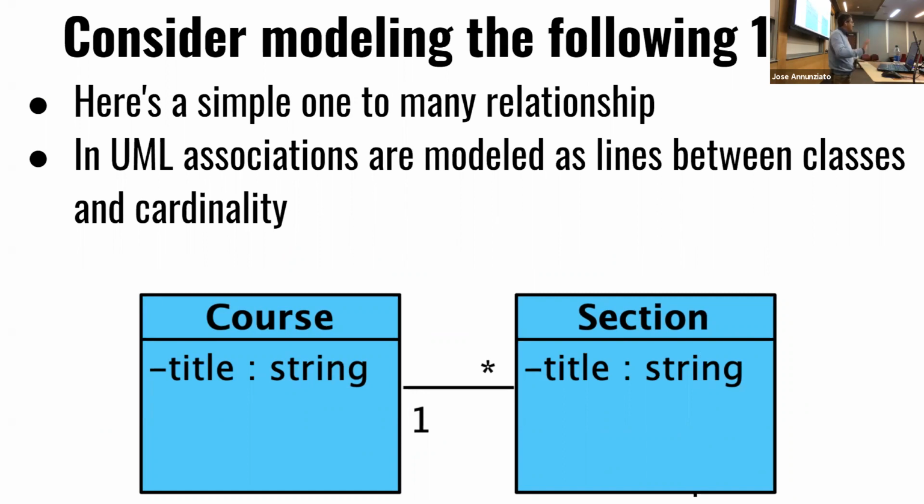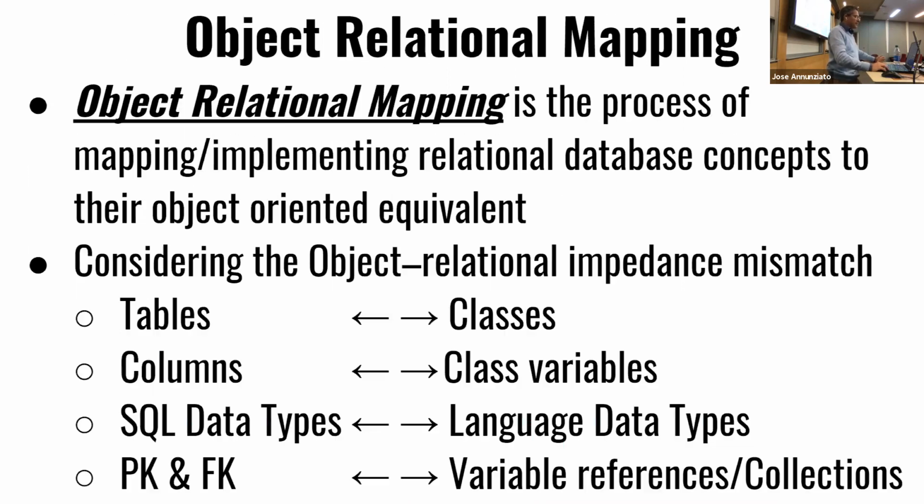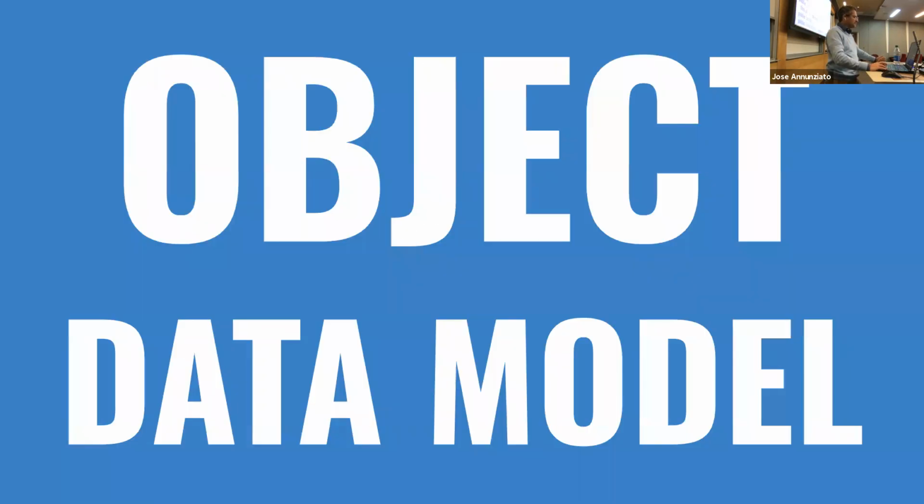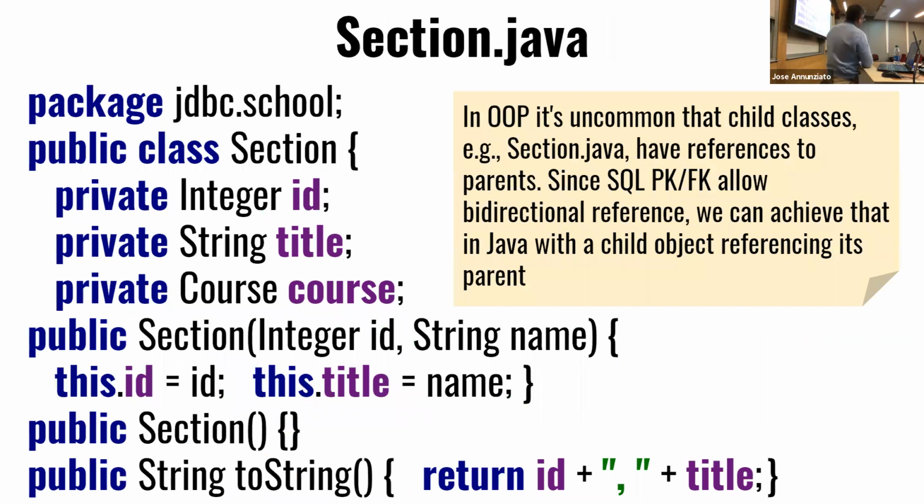The only thing we would implement here is these two strings, and the course would have an array of sections. That's it, and we're done for the object world. But because we're trying to map these two worlds, to bridge that impedance problem, we go a little farther and create a field where we can hold the primary key.